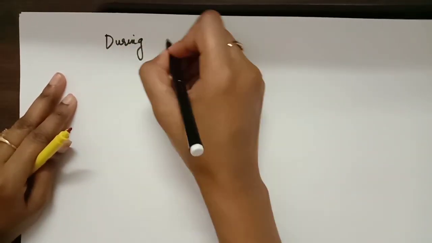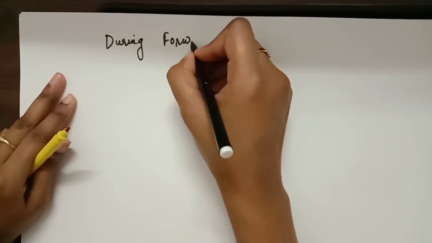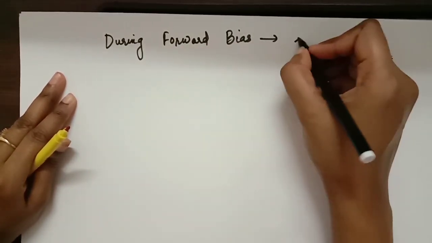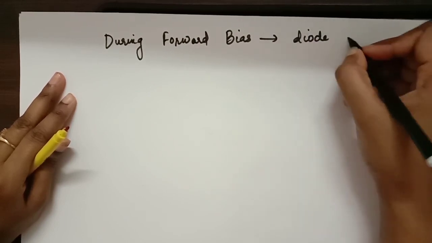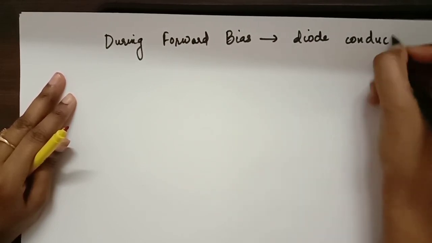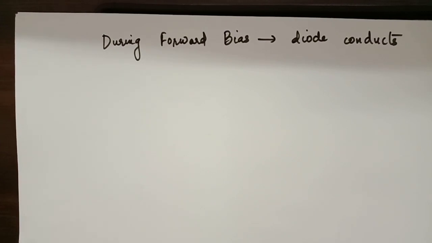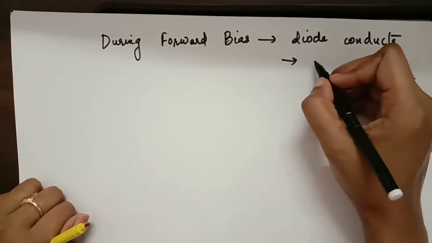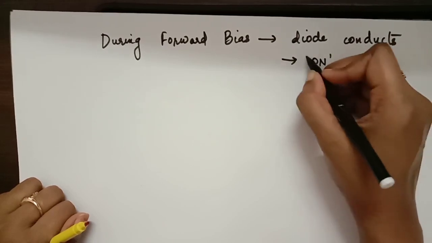During forward bias, diode conducts, and whenever diode conducts, that means current is maximum through it, and it will behave as a closed switch, or you can say on switch.